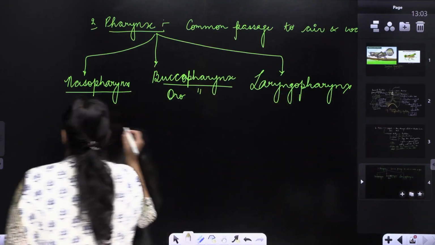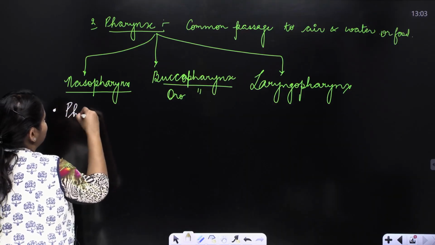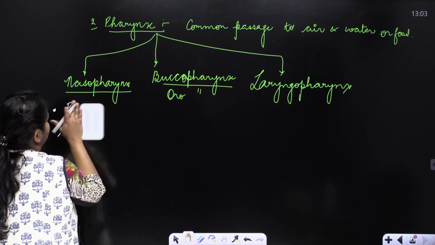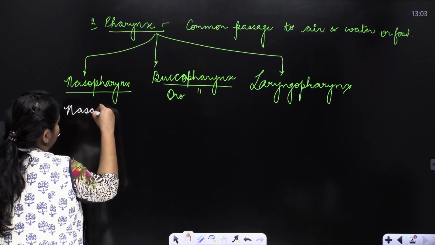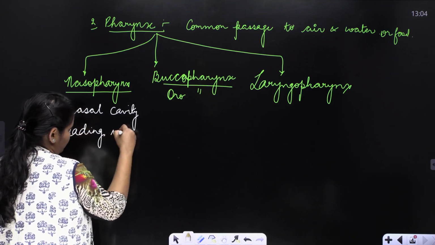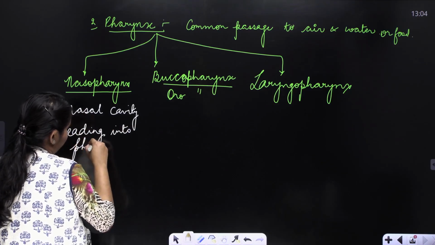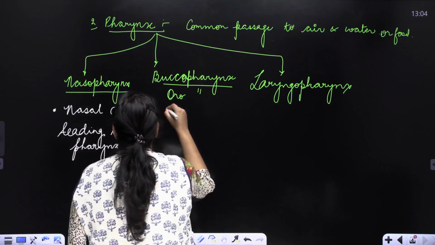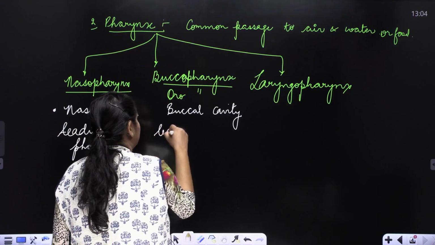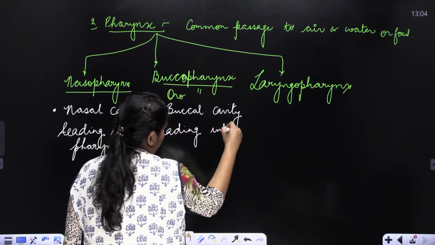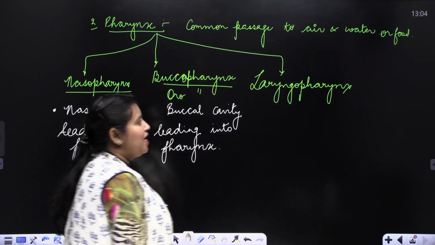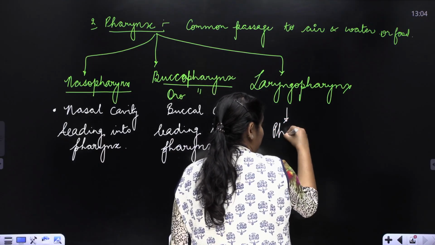So these are three parts: nasopharynx, part of pharynx, part of nasal cavity leading into pharynx, then part of buccal cavity leading into pharynx, all right, and ultimately the laryngopharynx.